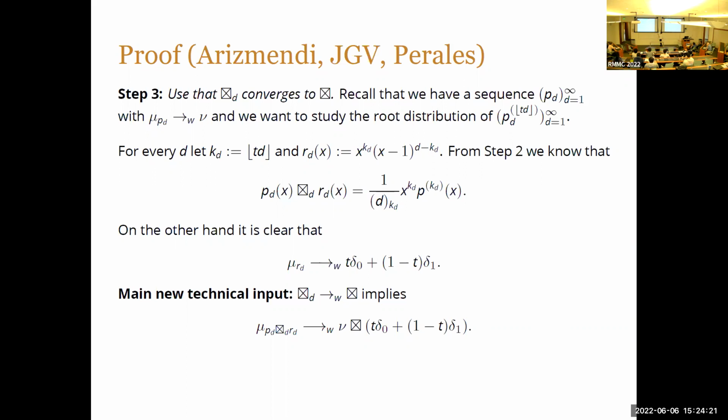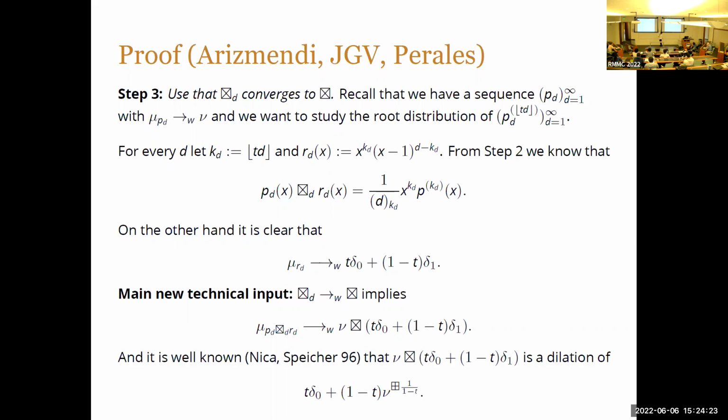And so now we can use free probability, right? And this, we know this result of Nica and Speicher, that this multiplicative convolution is in fact equal to this measure down here. So this is not exactly what we wanted to get, but that's because we didn't have the polynomial that we really wanted, right?